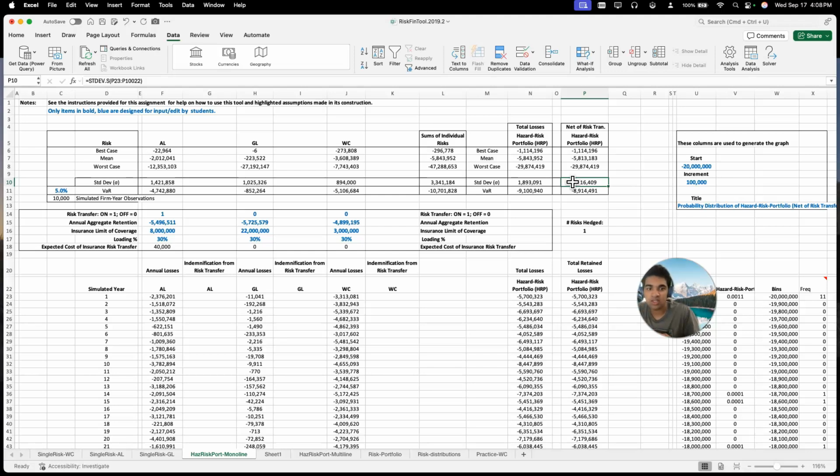To find the RF efficiency, remember, when you write down the reduction in standard deviation, make sure to divide that number. So for this example, let's say we were looking at auto liability. So the reduction in standard deviation is 76,682.